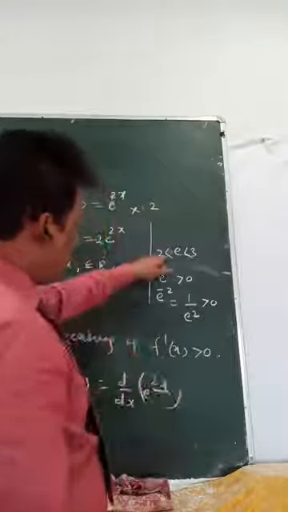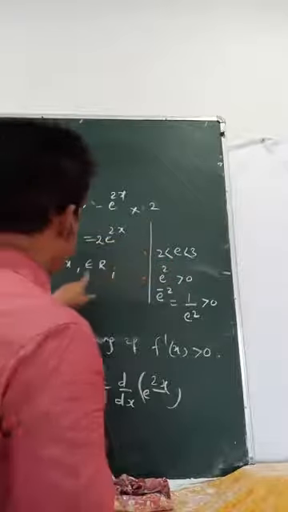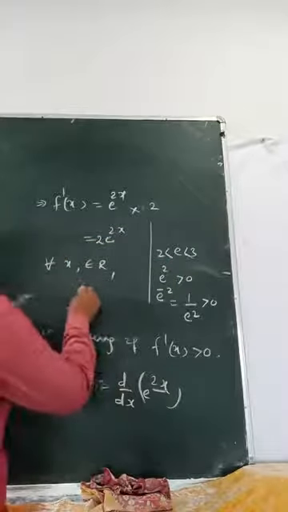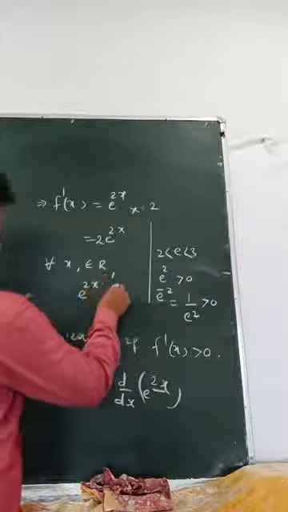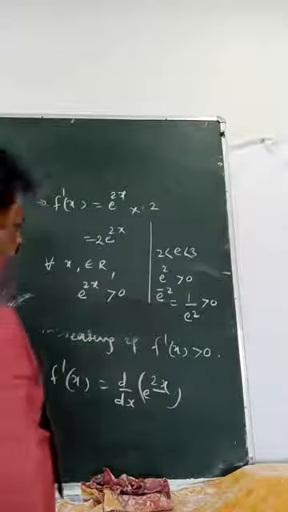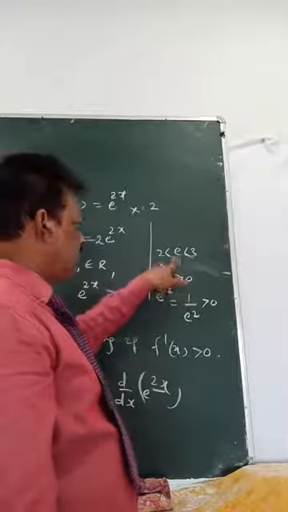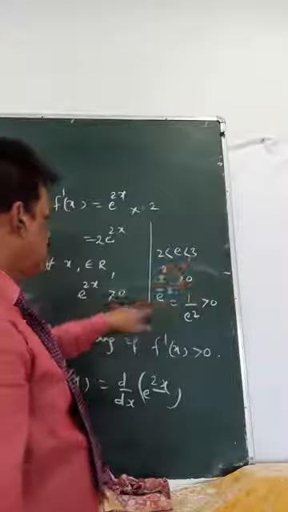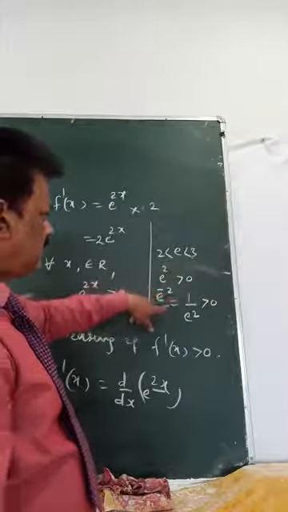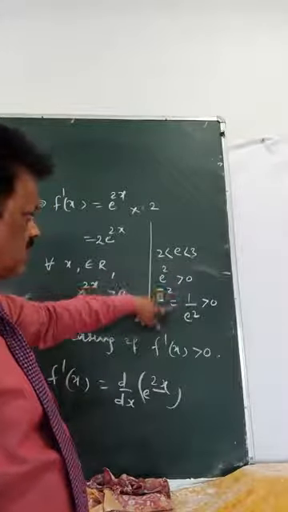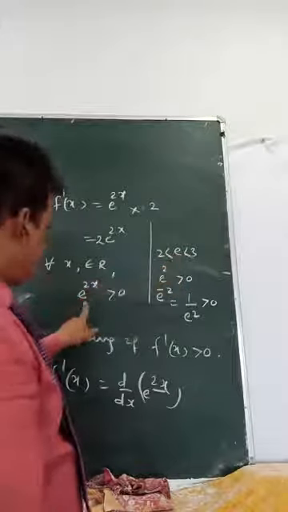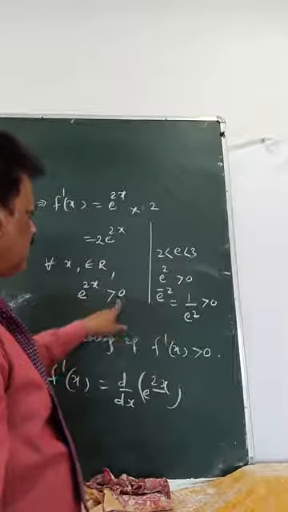So any value of x you take, e to the power 2x is greater than 0, because the value of e is positive. Whether it is e square, 1 by e square, e cube or 1 by e cube, the value will always be greater than 0.